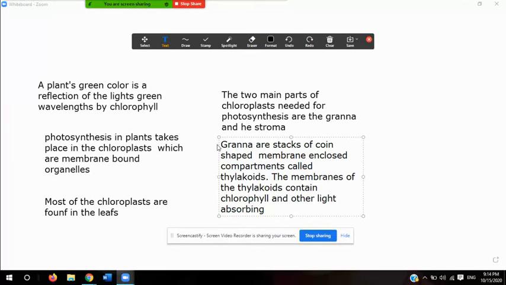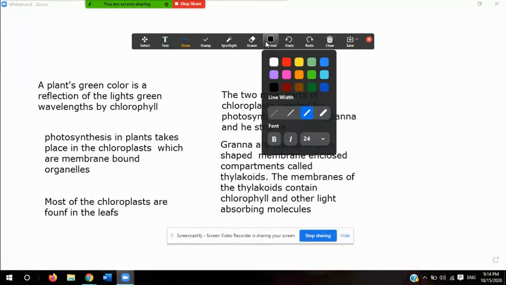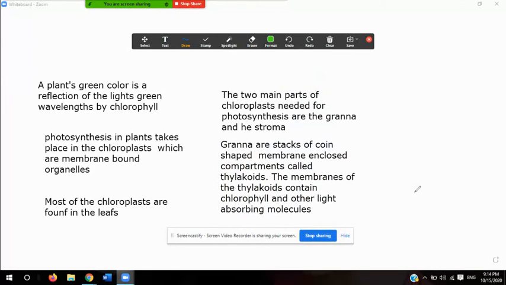So just so you guys have an idea, this specifically, the grana, you have to look at it like this. They're pretty much little discs that are stacked on top of each other, and these are found at the very molecular level inside the leaf.